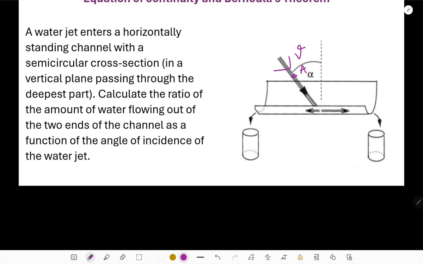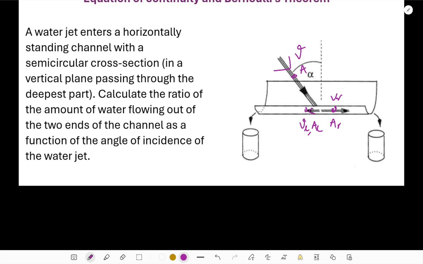I'm considering it as A, and I'm going to consider this velocity as VR and its cross sectional area as AR, and in a similar manner the velocity of the water jet flowing out to the left as VL, and its cross sectional area as AL, left and right.